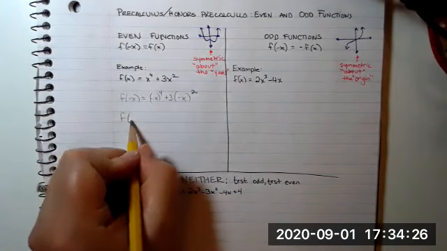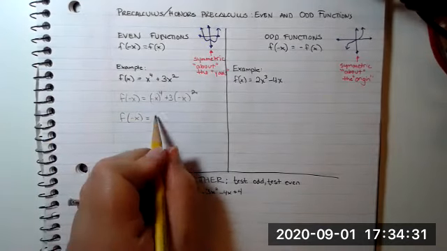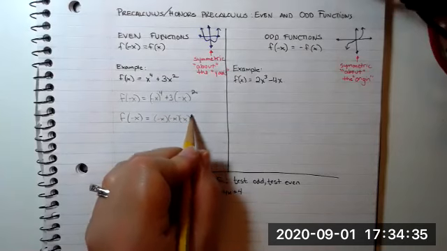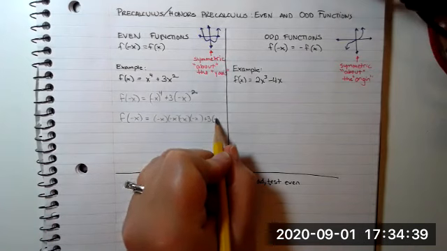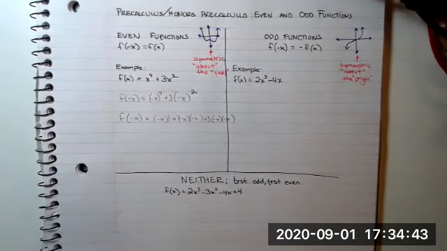So we have f of negative x is equal to, well, negative x to the fourth is negative x times negative x times negative x times negative x. And then plus 3 times negative x squared, that's 3 times negative x times negative x. That's really what that means.